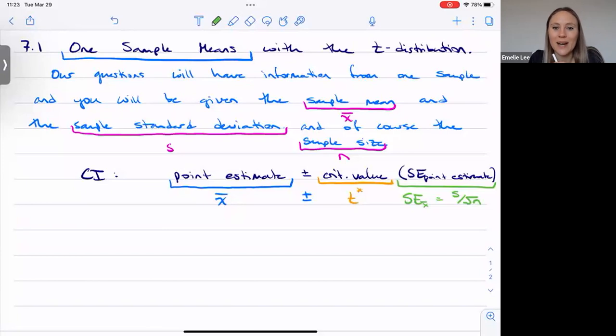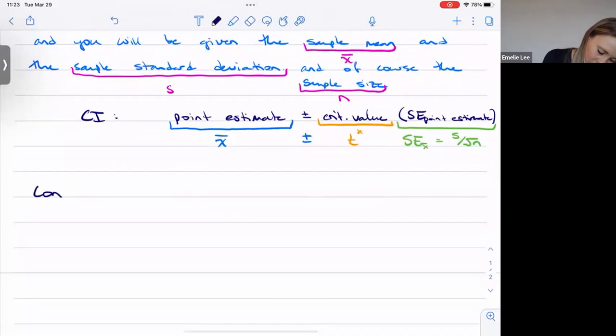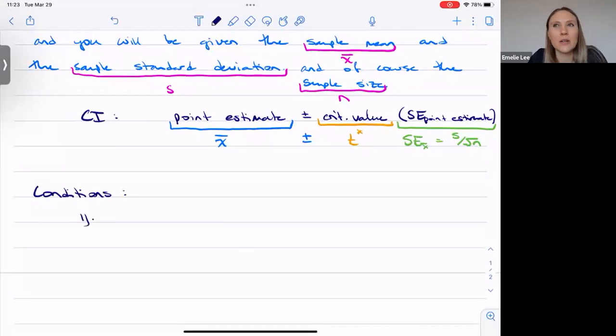Even the assumptions or conditions that we have to check are a lot simpler. Our sample size has to be larger than 30 typically, because then we can assume a normal distribution. So our conditions are really simple, and usually I don't even bother because we're just going to do this test regardless, especially if we have a large enough sample size.